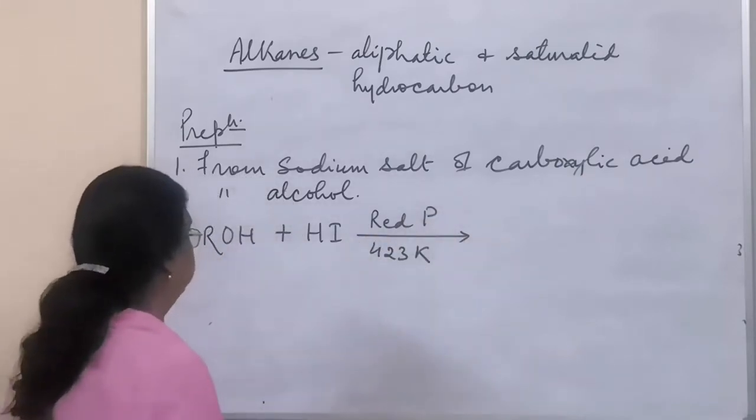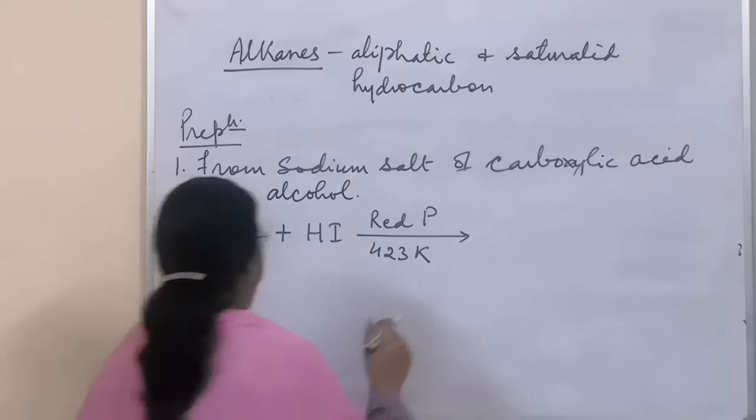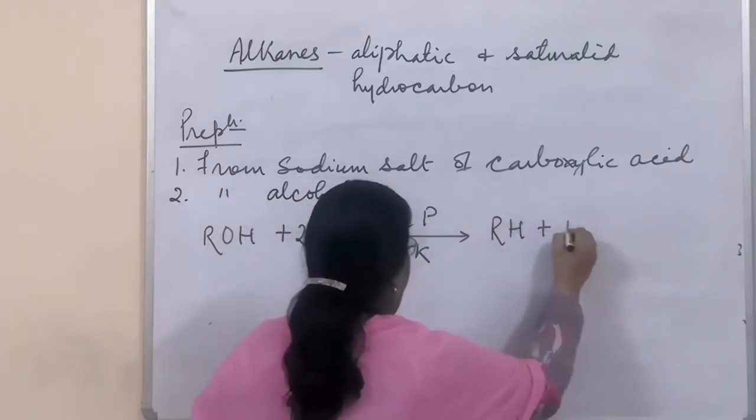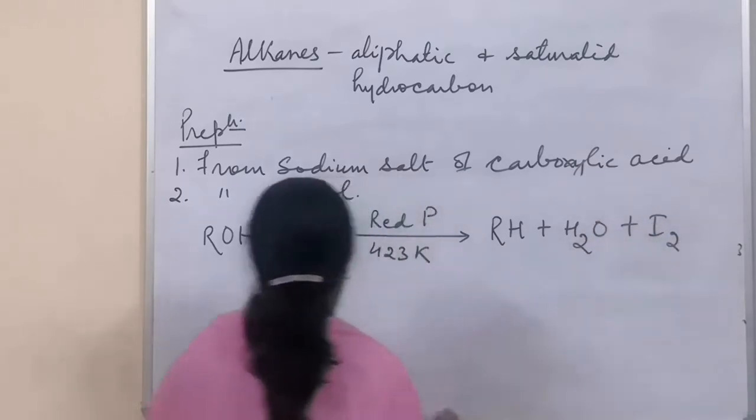Without red phosphorus, this reaction will not take place. So we will have RH formed, water will be out, and iodine will be liberated.